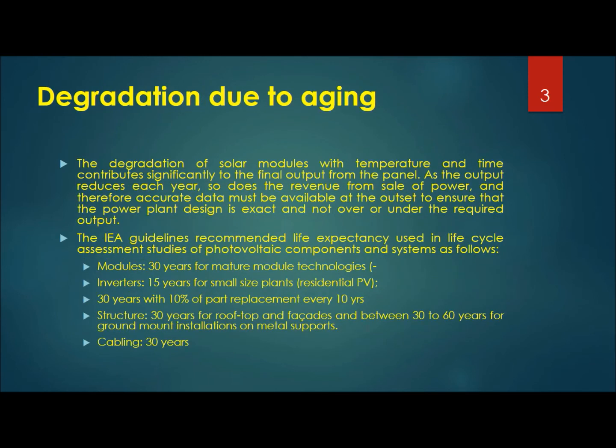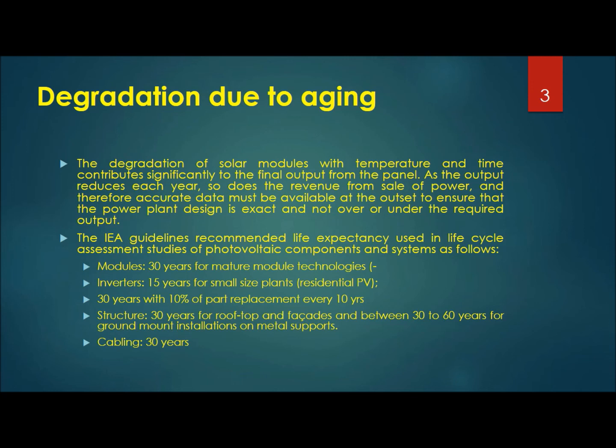Degradation due to aging. The degradation of solar modules with temperature and time contributes significantly to the final output from the panel. As the output reduces each year, so does the revenue from sale of power, and therefore accurate data must be available at the outset to ensure that the power plant design is exact and not over or under the required output.